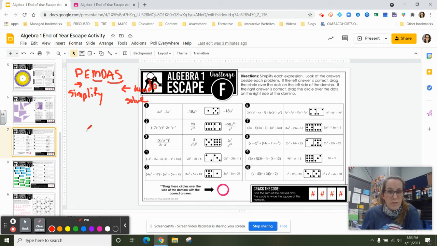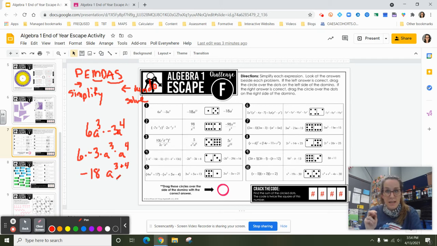All right, if I start with question number 1, I have 6a cubed times negative 3a to the 4th. I can use the commutative property of multiplication to do 6 times negative 3 times a cubed times a to the 4th. So I have negative 18. I'm going to add those exponents because I remember my exponent rules: the same base raised to different powers being multiplied, that product rule.